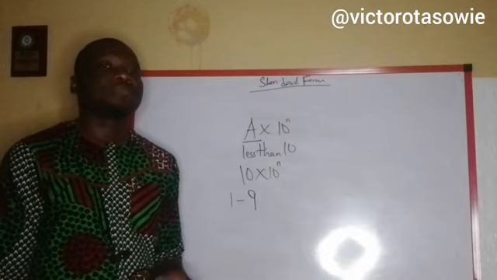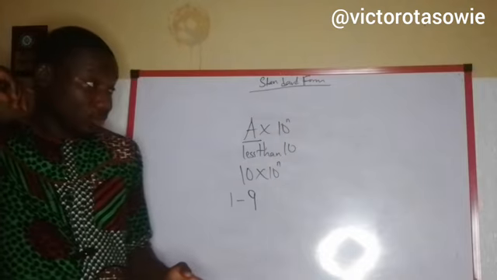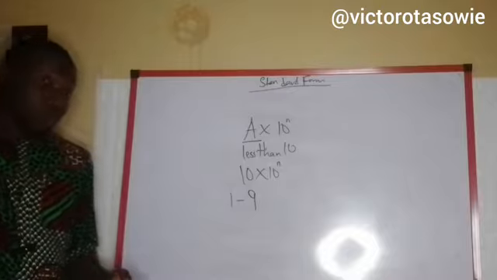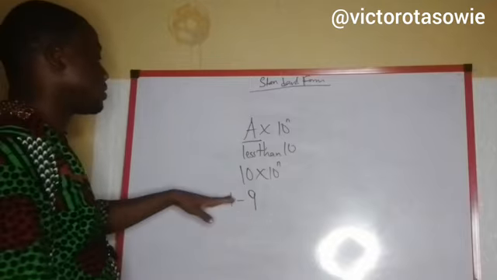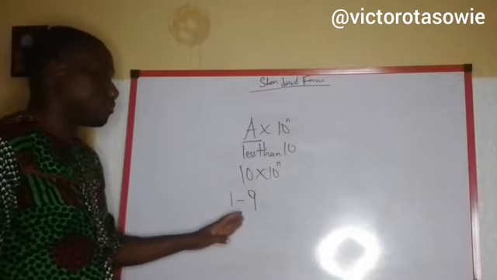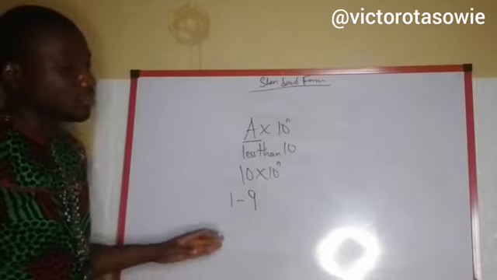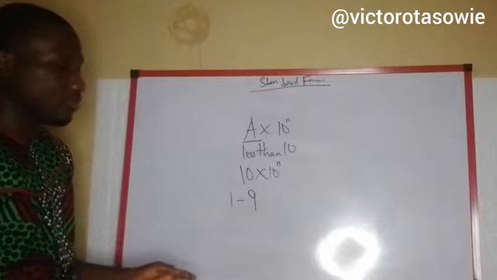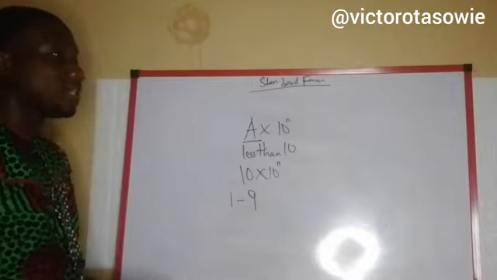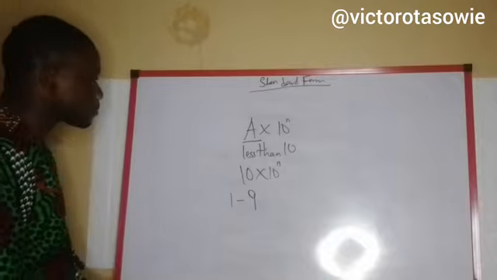We don't want to see 10 point something or 11 point something or 20 point something. No, what we want to see is from 1 to 9. And these things would actually be in form of decimal. So maybe 1.2 times 10 raised to power something, or 2.3 times 10 raised to power something. All that has to do with standard form.